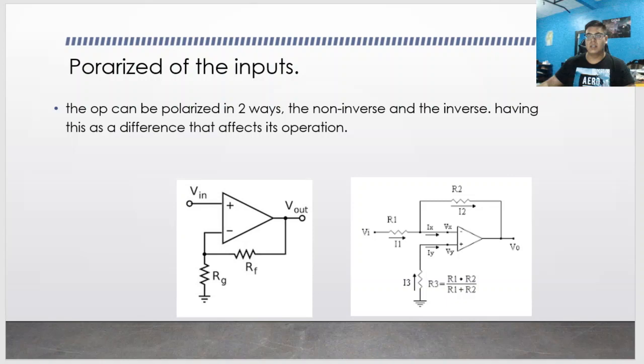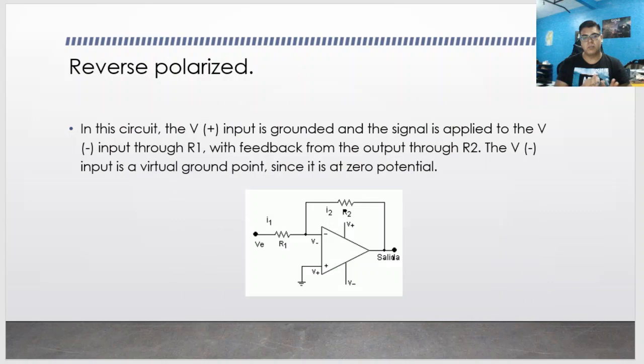We have two ways of connecting, inverting and non-inverting. The reverse polarity is when the positive signal is connected with the negative input of the OpAmp, and the non-reverse polarity is when the positive signal is connected with the positive input.